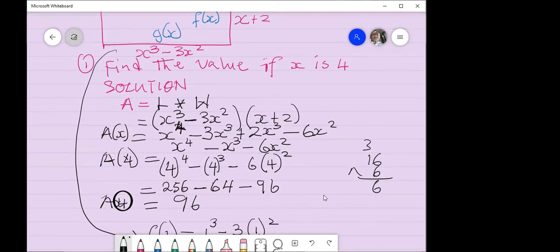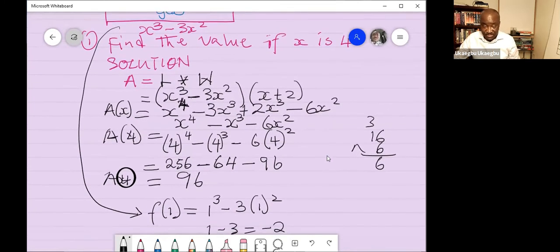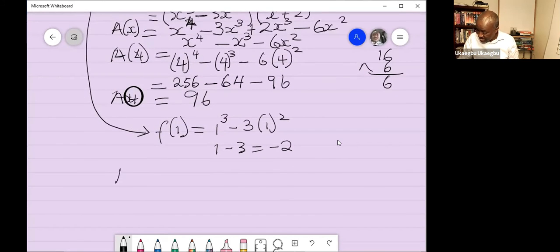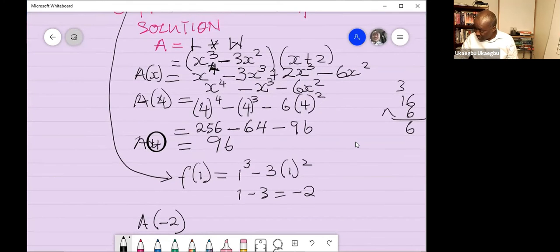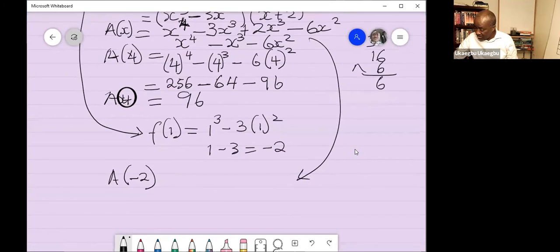Now let's try our negative 2 and see what the result of the area is going to be. Let's see the area when x is negative 2. We are going to use this formula, because that's our real area, right? So now let's substitute negative 2.